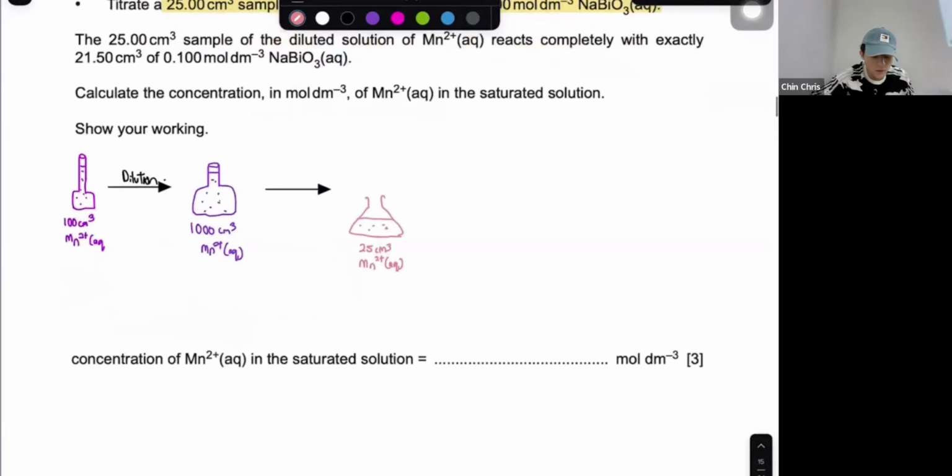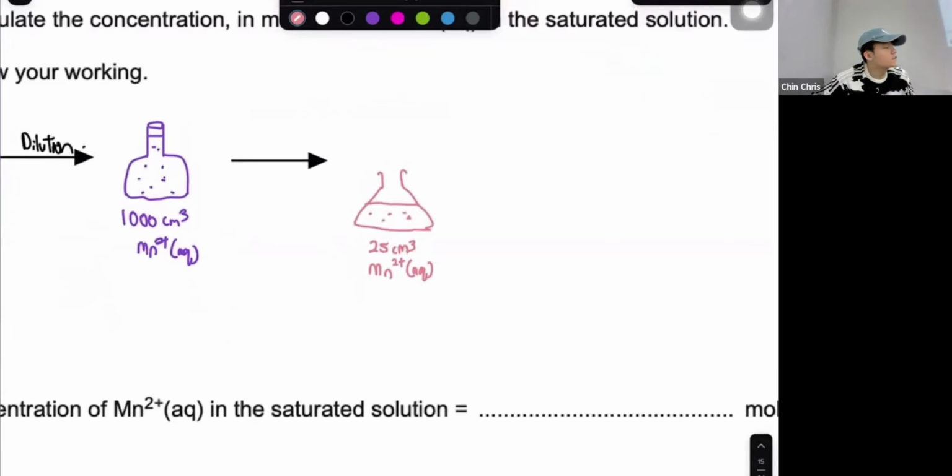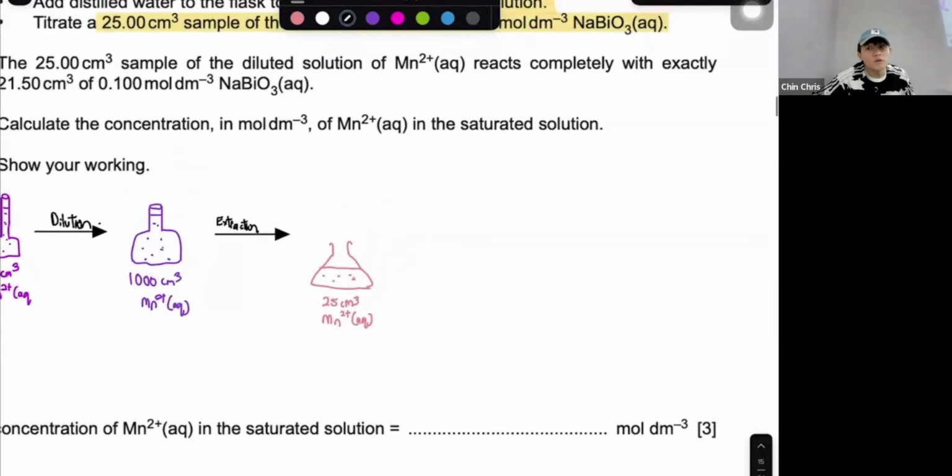From 1000 cm cube to 25 cm cube, what am I doing? I'm doing an extraction. You have to know what processes you're doing here. So you have extraction of 25 cm cube.